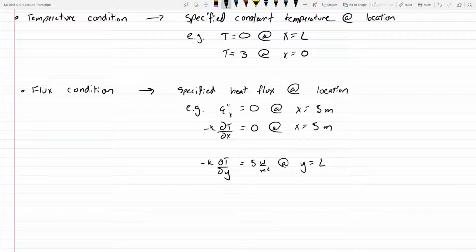And then finally we have the convection condition. And this is one that we see a lot in practice because, I used this example before about the cooling of consumer electronics.